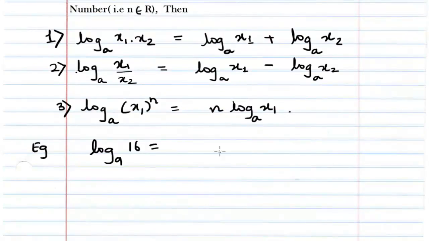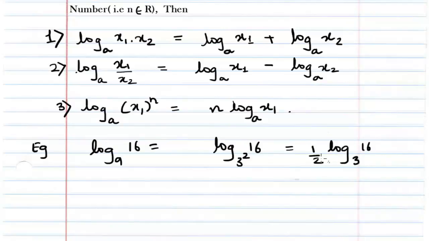So log of 16 to the base 3 square can be written as 1 upon 2 log of 16 to the base 3 by the corollary that we studied, after law number 3.